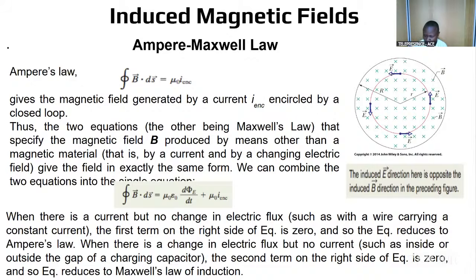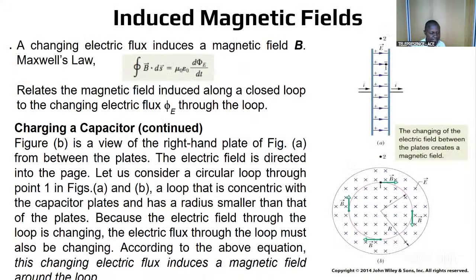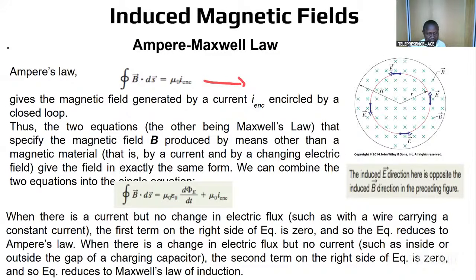When current passes through a wire, it generates a magnetic field in a loop. If we combine this with Maxwell's law of induction, the result will give us this equation.